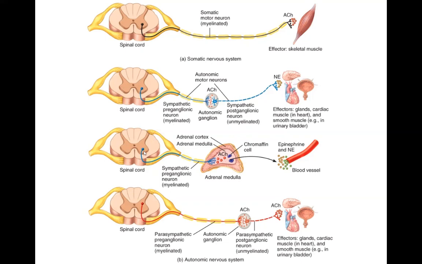The third picture is another picture showing you the sympathetic nervous system, and you can see what we call the adrenal medulla in the middle. If you show the adrenal medulla, you have to be dealing with the sympathetic nervous system. And then down at the bottom, it's a long pre and a short post. So the first neuron is really long, the second is really short. That's going to tell you that this is parasympathetic.